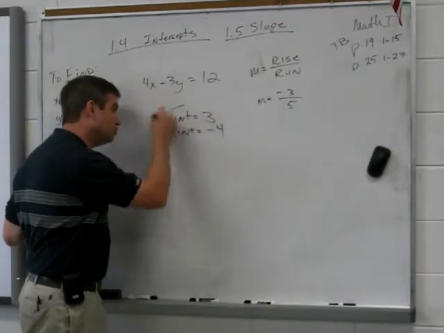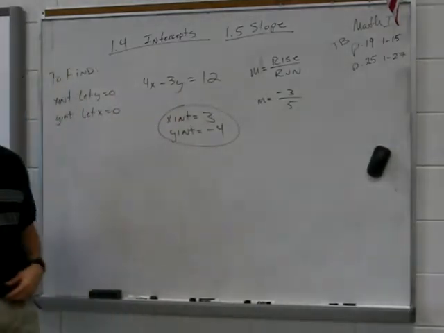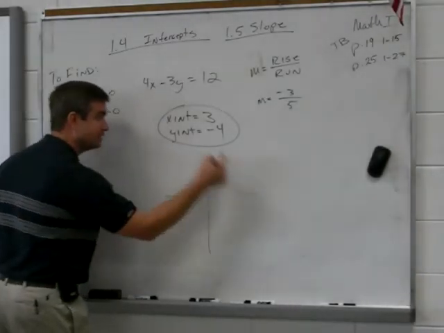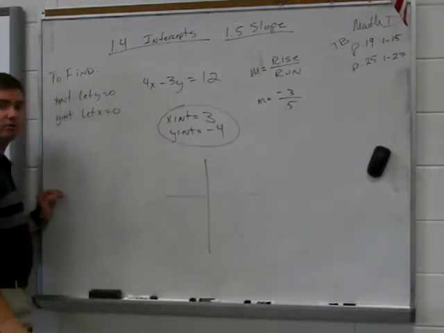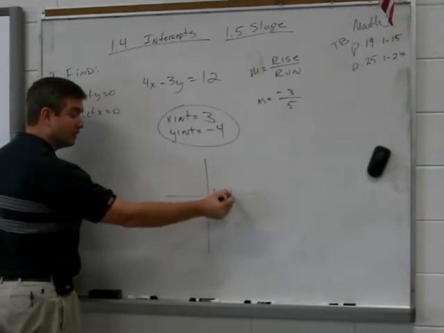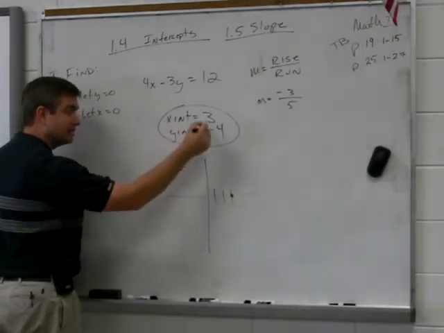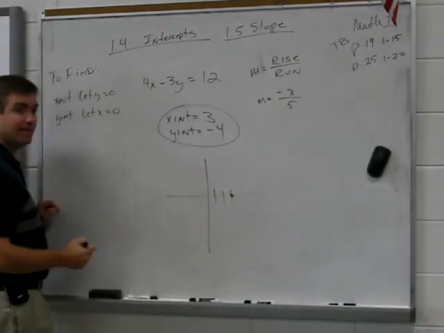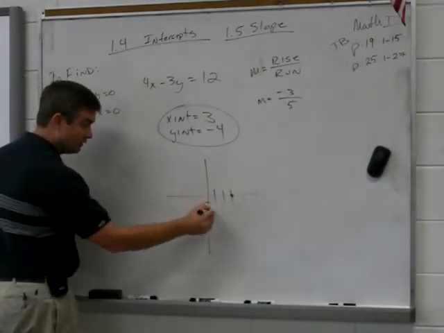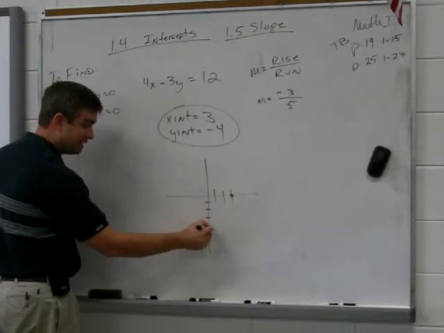Could you use these two intercepts to graph the line? Yes, and that'd be a very easy way to graph. Tell me how to graph when your x-intercept's 3 and your y-intercept's negative 4. What would you do? X-intercept, go to the right, 1, 2, 3, and put a dot. Your y-intercept's negative 4, so 1, 2, 3, 4, and I put a dot.